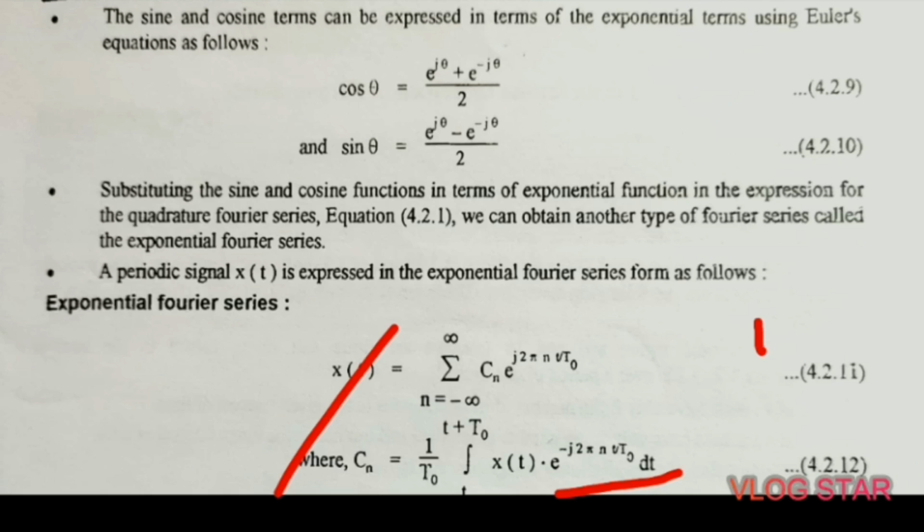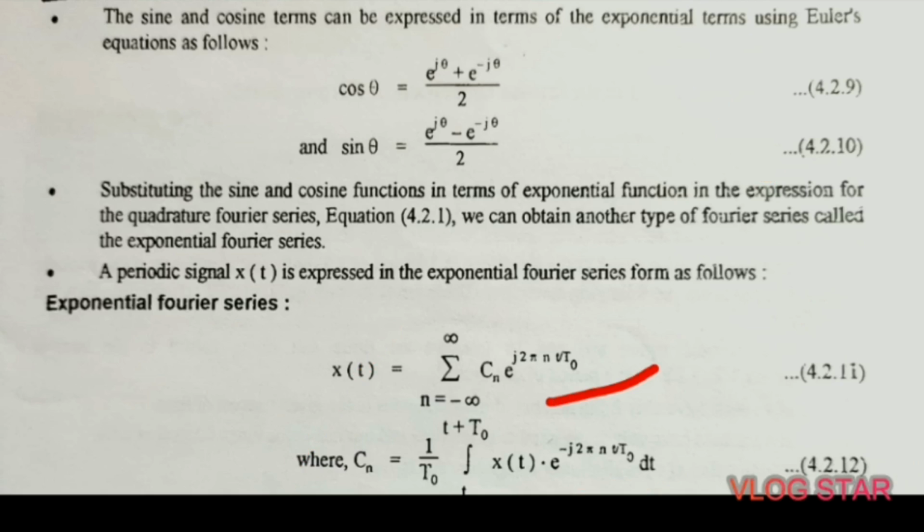As seen from this equation, this Fourier series consists of exponential terms, therefore it is called the exponential Fourier series. In the equation we observe that n extends from minus infinity to plus infinity instead of 0 to infinity.